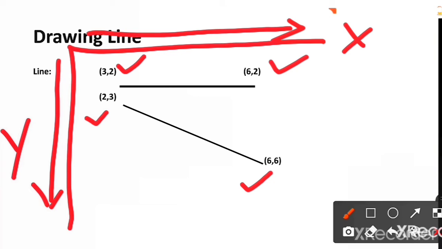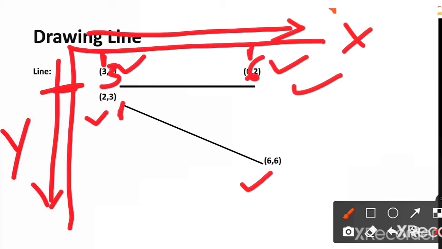Because of that, if I draw a line between the points 3, 2 and 6, 2, here the point is nothing but the pixel value. So I have kept the y value constant and changed the x value from 3 to 6 to form the first line.